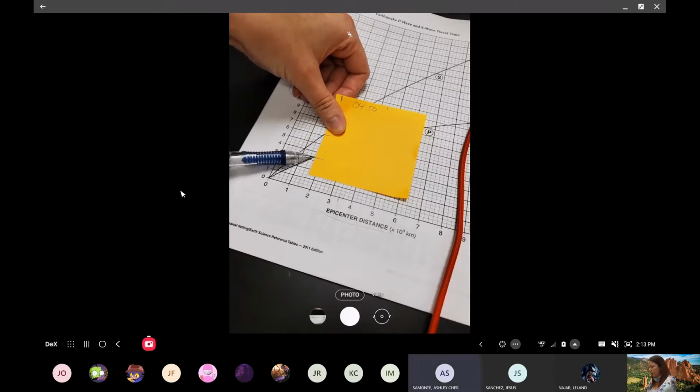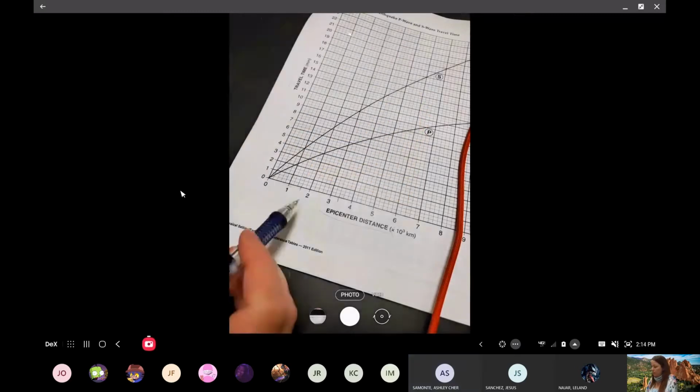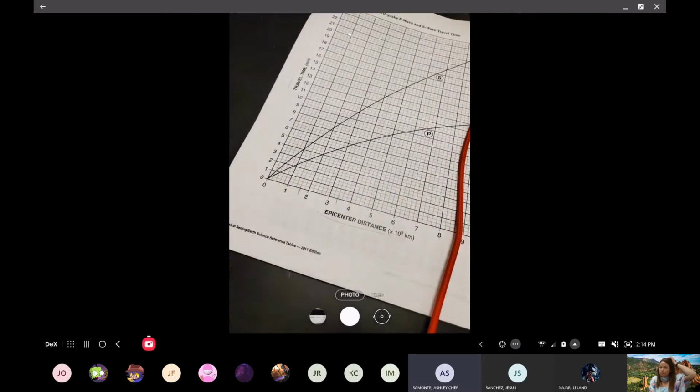And so when I follow that line down, it's going to come to about right here. What do you guys think that is in kilometers? Good, 1,600. Very nice.